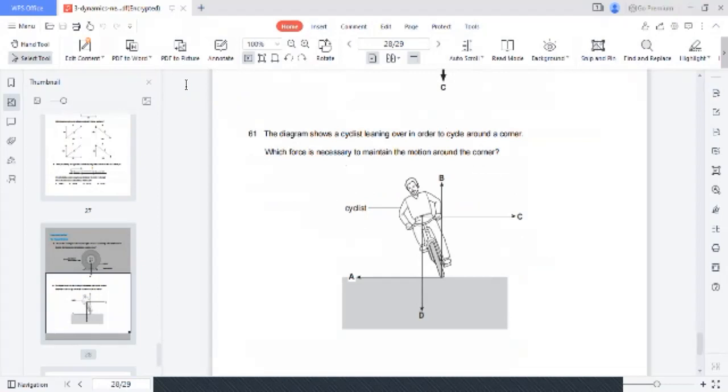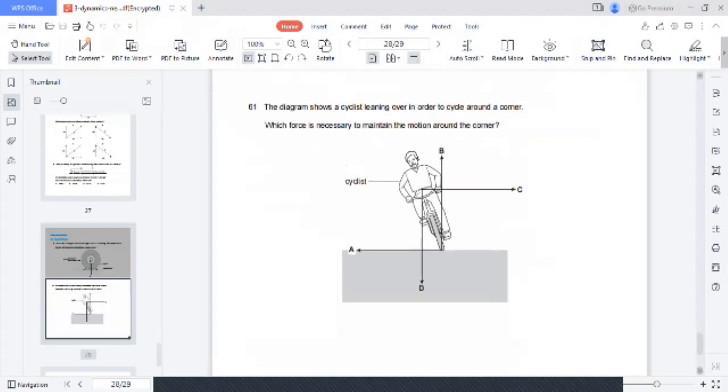Which force is necessary to maintain the motion around the corner? So C is actually the force which is responsible for the centripetal force.